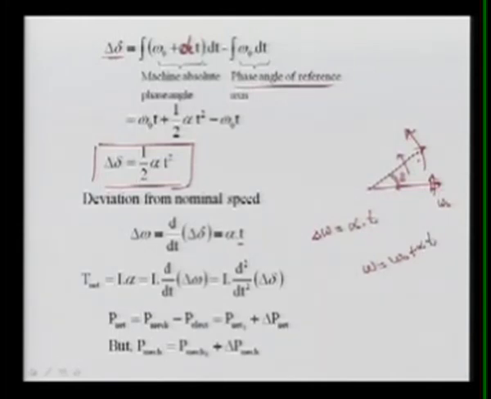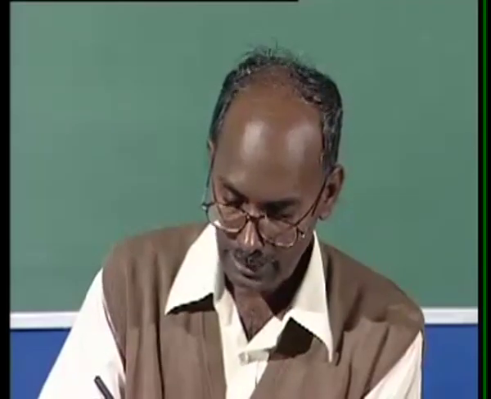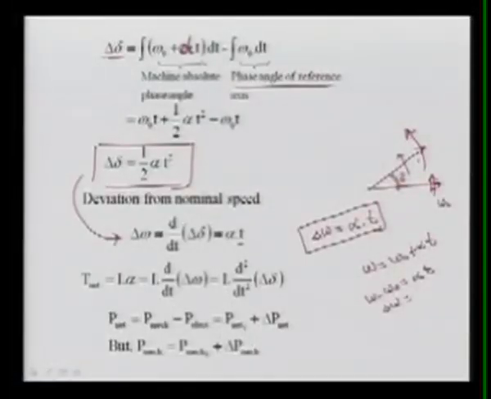Taking this to the other side, omega minus omega naught equals alpha t, which is the change in omega. So we get the same thing from that expression, and it is equally valid: the change in angular speed is time multiplied by the angular acceleration.